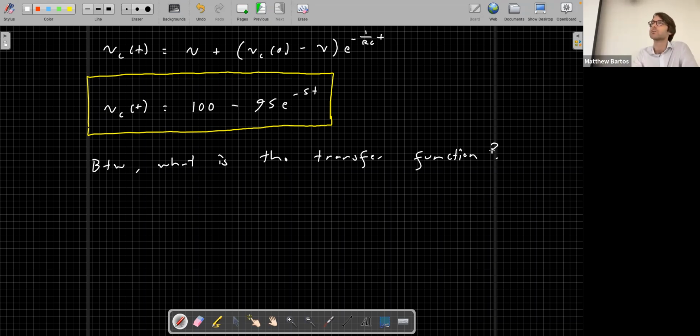Does anyone have a guess? I believe we actually derived this in the previous class. What's the transfer function of this power grid system?